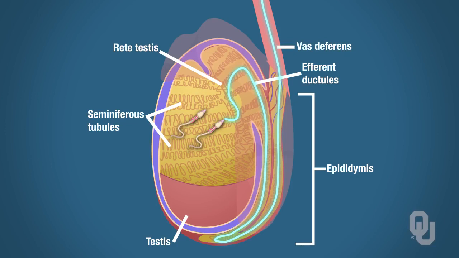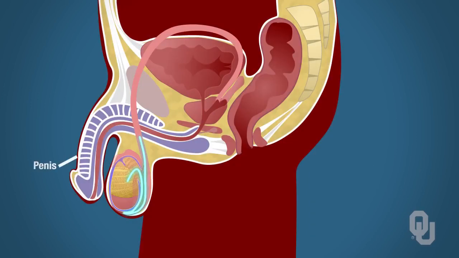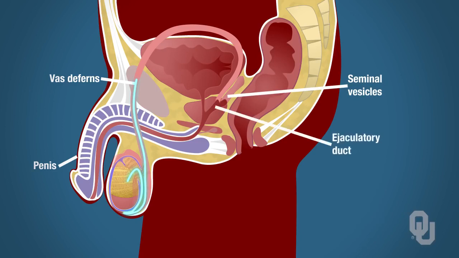What propelled the sperm through all those structures? Peristalsis. Now the sperm are in the vas deferens, right? The vas deferens connects with the seminal vesicles to form the ejaculatory duct. At this point, the sperm is mixed with fluid that came from the seminal vesicles.